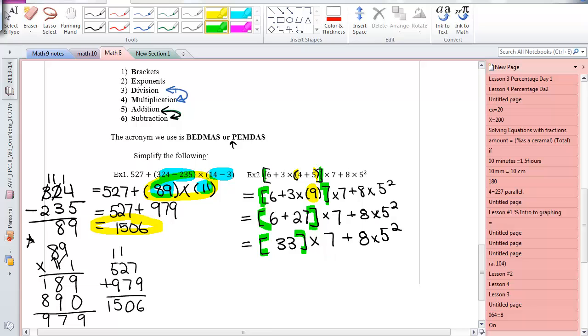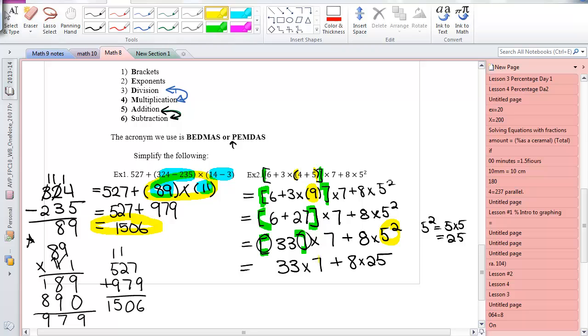I've got exponents. Well, yes, I have exponents right here. And 5 squared is the same thing as 5 multiplied by 5, which is just equal to 25. So I'm going to rewrite my new line. I don't need these anymore. They're not doing anything. So I'm going to write this as 33 multiplied by 7 plus 8 multiplied by 25.